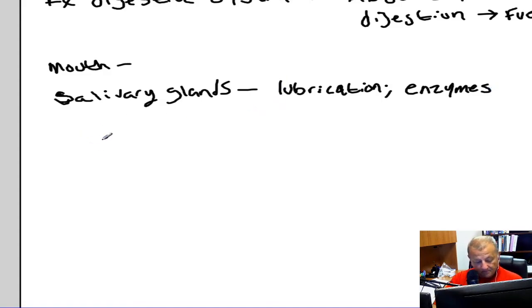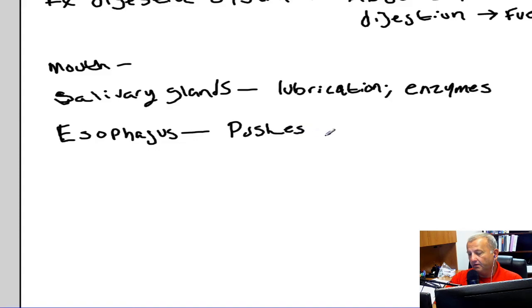All right. What about the esophagus? The esophagus pushes food, but it uses a term that we should be aware of called peristalsis.